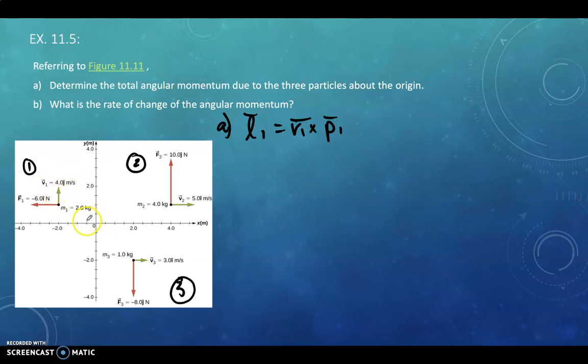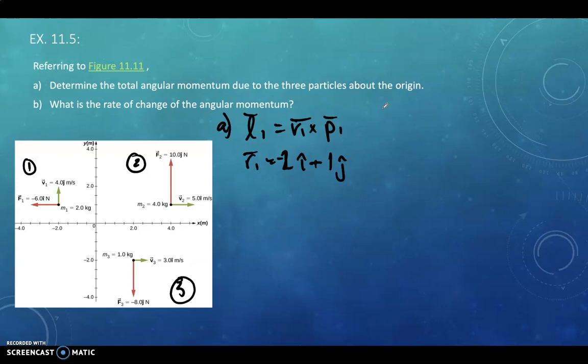In this case, the first one, R1, should be -2 in the x direction, so it'll be i hat, plus 1 in the j hat direction.